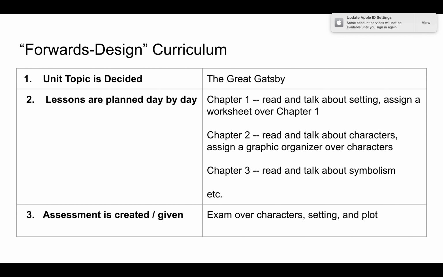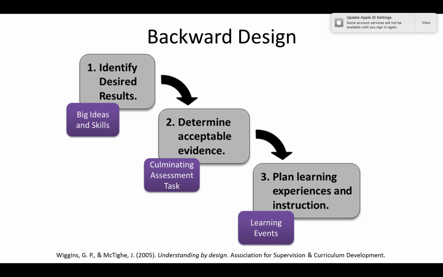So backwards design takes a different approach where we start with the end in mind. So we first prioritize and think about what our desired results are. What is it that I want students to really get out of this reading? A transferable skill that they can use in the future that enhances their literacy, that relates to big things we want our students to be good at, like empathy, right?